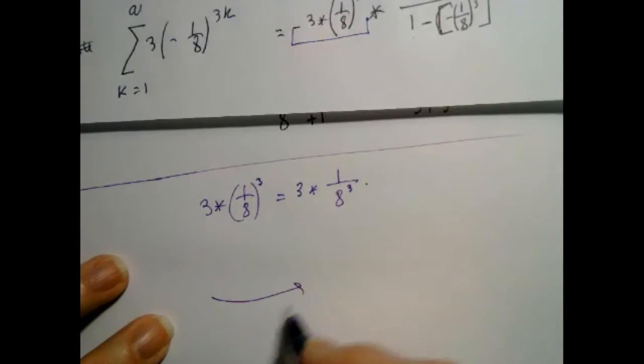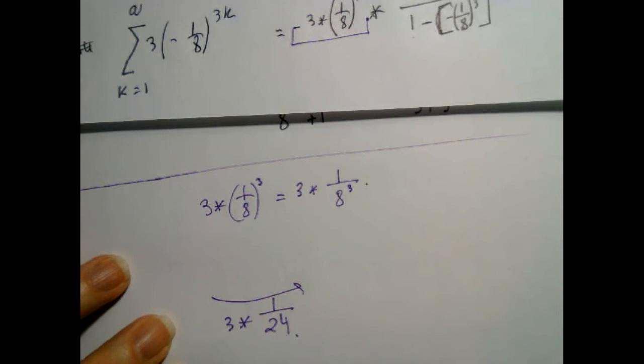So you used for ratio 3 times 1/24. Was this your ratio? -3/24 cubed. Where is the cube?